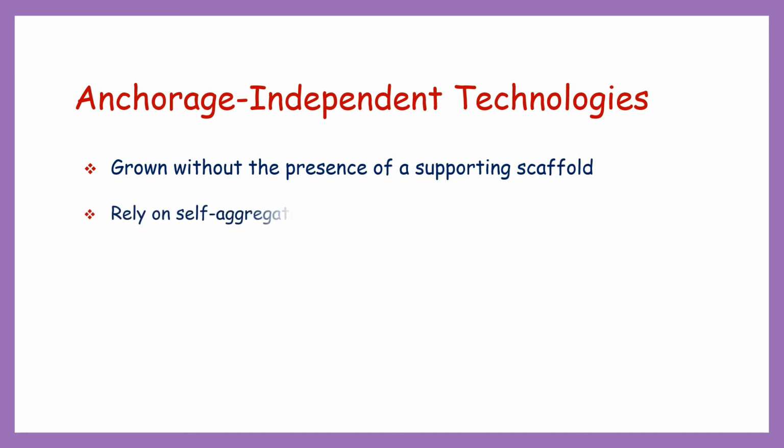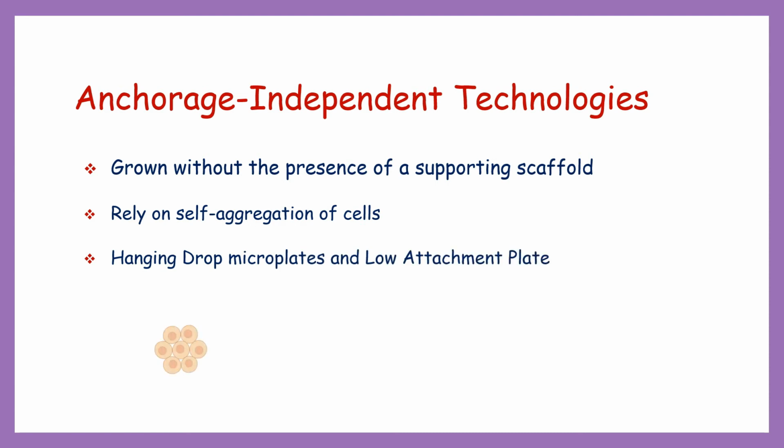Scaffold free methods depend on cells to self assemble into clusters or spheroids. These spheroids are grown in specialized culture plates, which include hanging drop microplates and low adhesion plates with ultra low attachment coating.